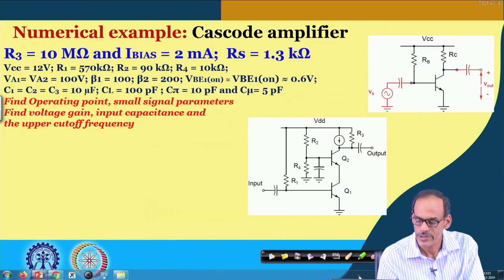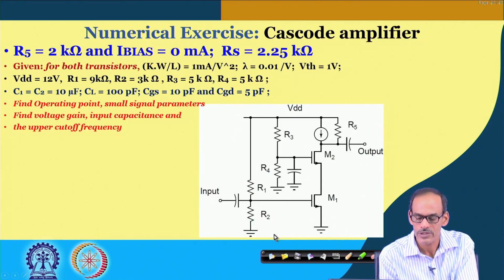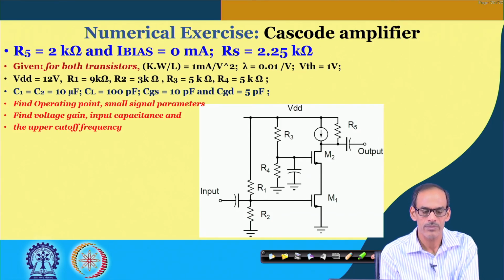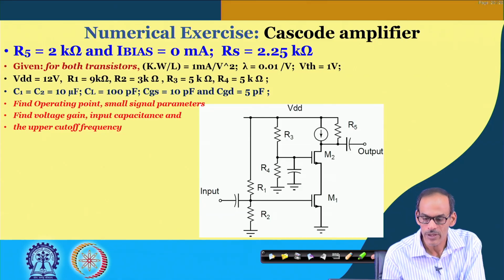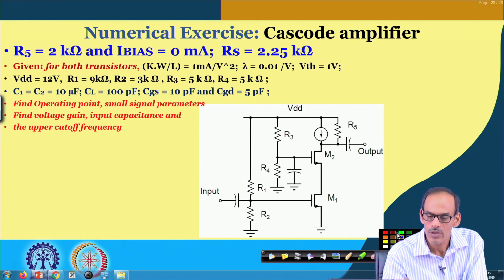A similar kind of circuit is also done for the MOS counterpart, and the values of different bias circuits and device parameters are given here.